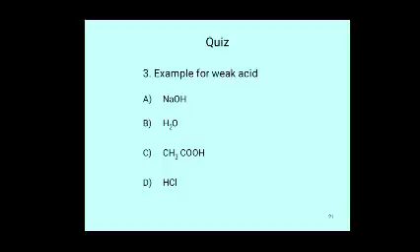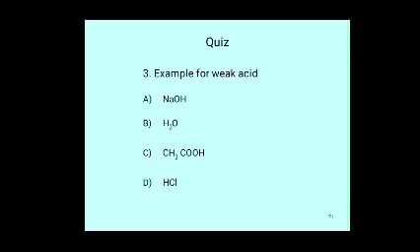NaOH dissociates in aqueous solution to produce Na+ and OH- ions, so it is a base. H2O is an amphoteric compound. CH3COOH undergoes incomplete ionization in aqueous solution, giving an equilibrium with CH3COO- and H+. HCl is a strong acid; it is completely ionized, producing H+ and Cl-.